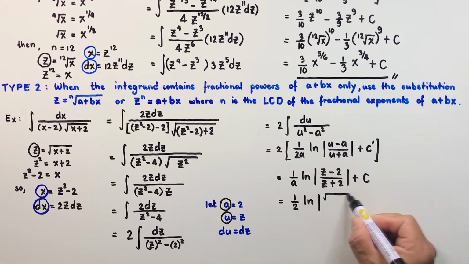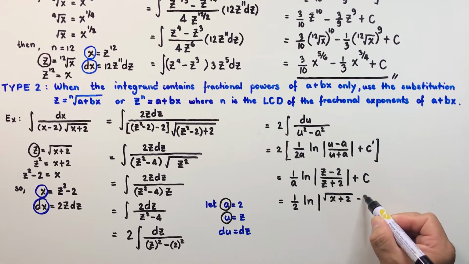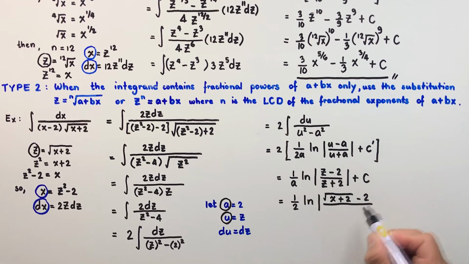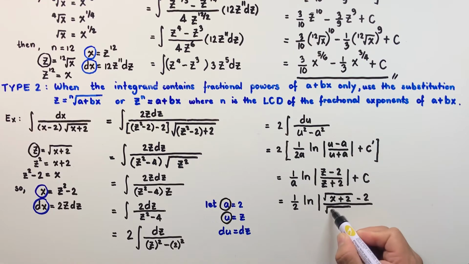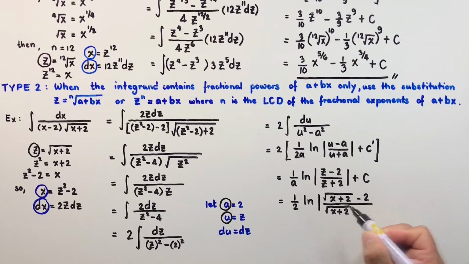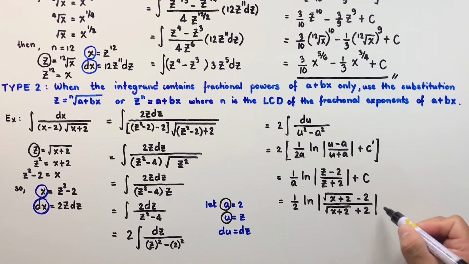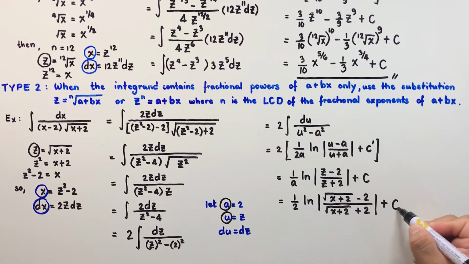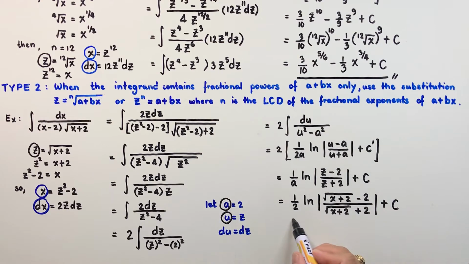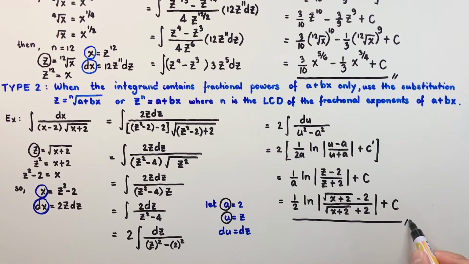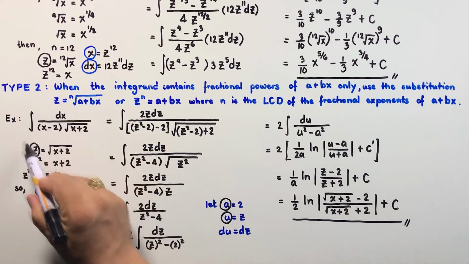So we have the square root of x plus 2 subtracted by 2, and this is divided by the square root of x plus 2, which is our value of z, added to 2, plus the constant of integration c. Therefore, this is our answer for this example number 2.